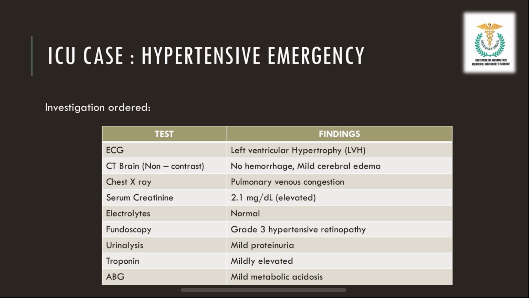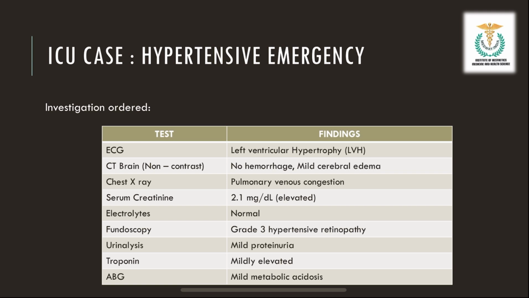Chest X-ray, pulmonary congestion, fluid overload, possible LV failure, and creatinine is elevated, which suggests acute kidney injury, AKI, due to hypertension or diabetes. Fundoscopy, grade 3 retinopathy, so it confirms the chronic damage.